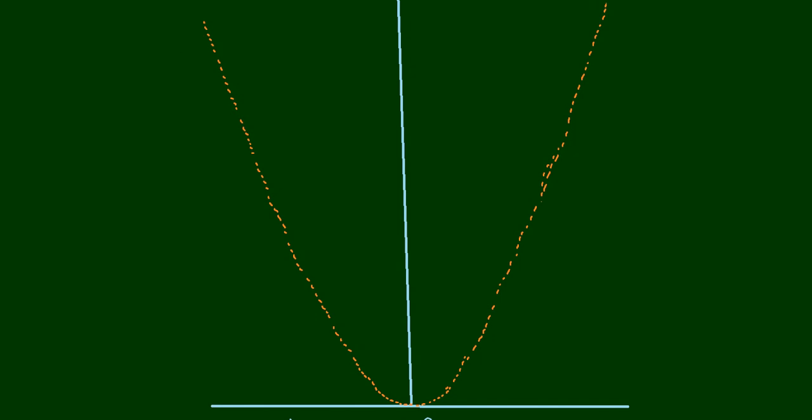So this is E0 state, means the state corresponding to n is equal to 0, and this is the state corresponding to n is equal to 1.